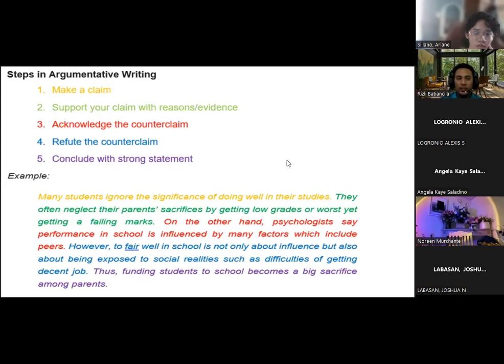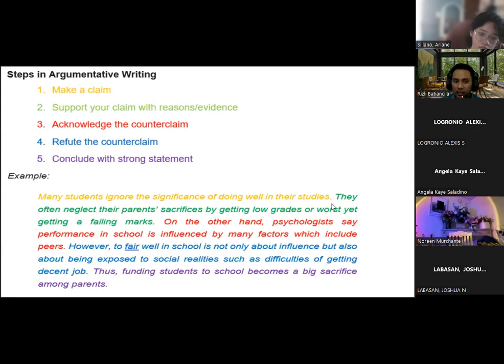Okay, second, support your claim with reasons or evidences. Okay, kasi ang argumentative hindi naman nag-appeal into emotion. So dapat logic tsaka evidences lang purely. Okay, so support your claim with reasons and evidences. Okay, this one, the green one. They often neglect their parents' sacrifices by getting low grades, or worse, getting a failing mark.